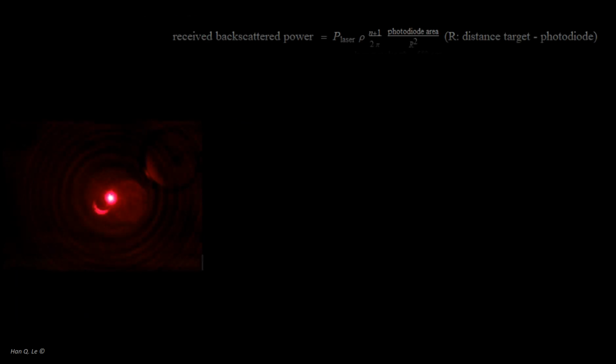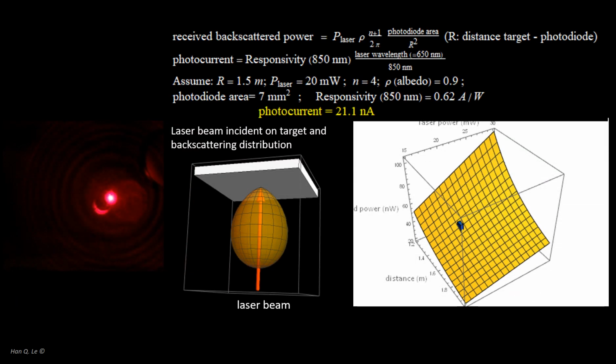This part involves using the optical receiver for a simple laser backscattering demonstration. A red laser pointer was used to shine a spot on a ceiling. The optical receiver was used to detect the backscattered light and to check the scattering process properties. It involves an assumption of a backscattering light distribution, as shown.